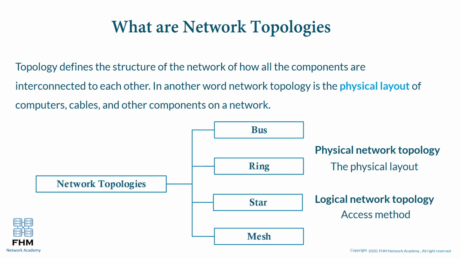Now, why is the network topology important to us? The layout of your network is important for several reasons. Above all, it plays an essential role in how well your network functions.